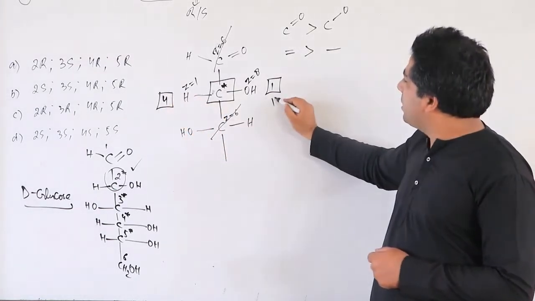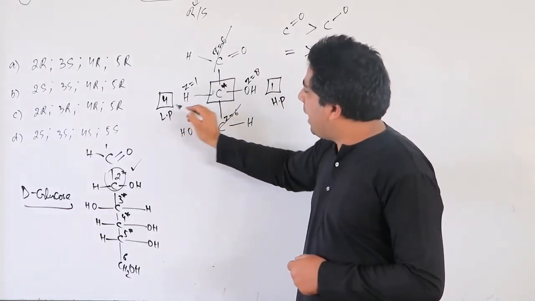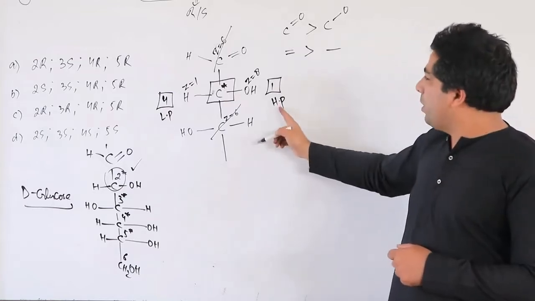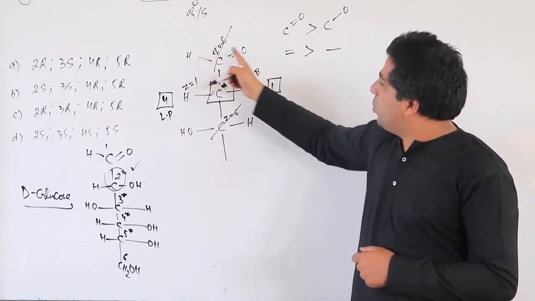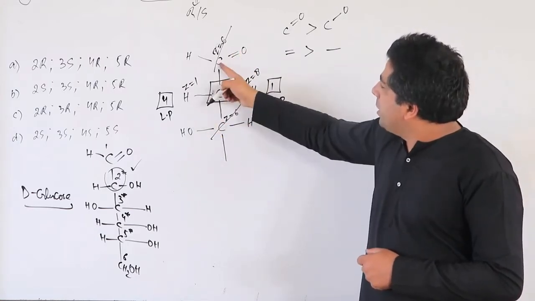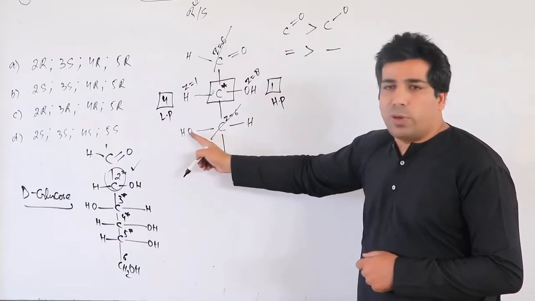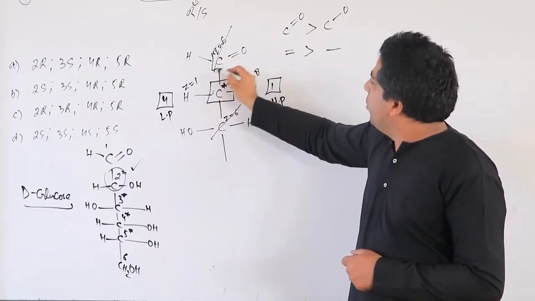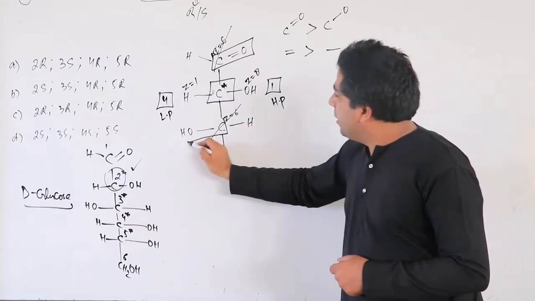So this is the highest priority, remember HP, and this is the lowest priority, remember LP. Now if we talk about this group CHO and this group, the C double bond O will get more priority as compared to C single bond O. So now CHO will get more priority than C single bond O.